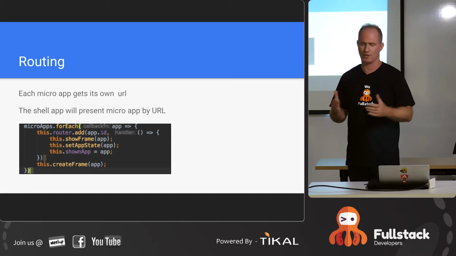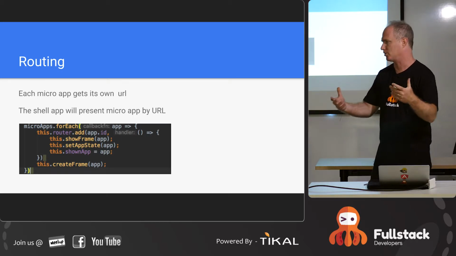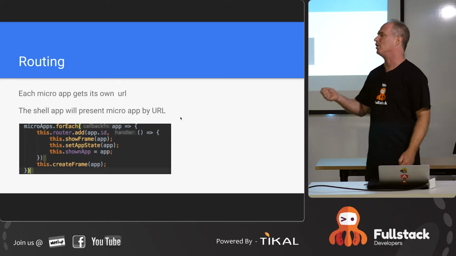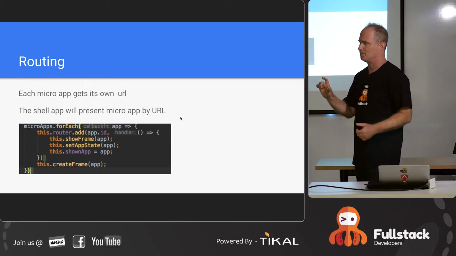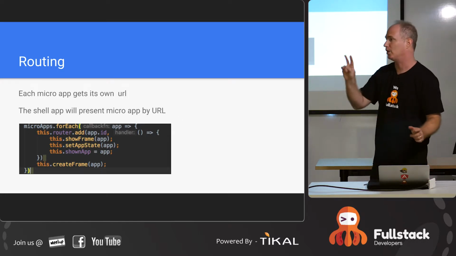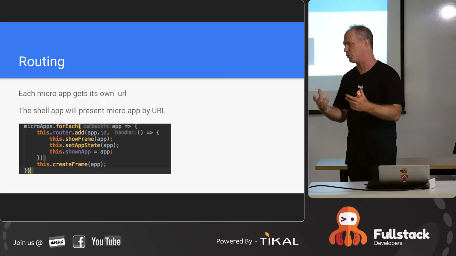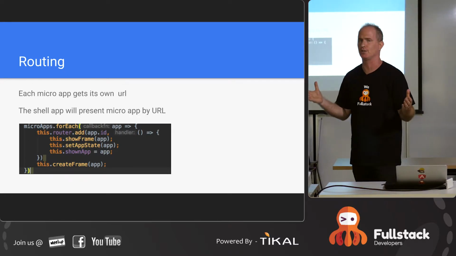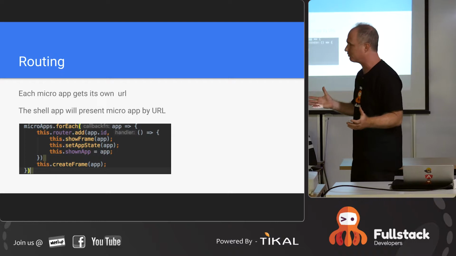All right, so routing. As you can see, every application has its own ID. So whenever I switch the route in the URL, you can see that the content window is changed. So you're all familiar with Angular, and you're familiar with the router link directive and the router, right?